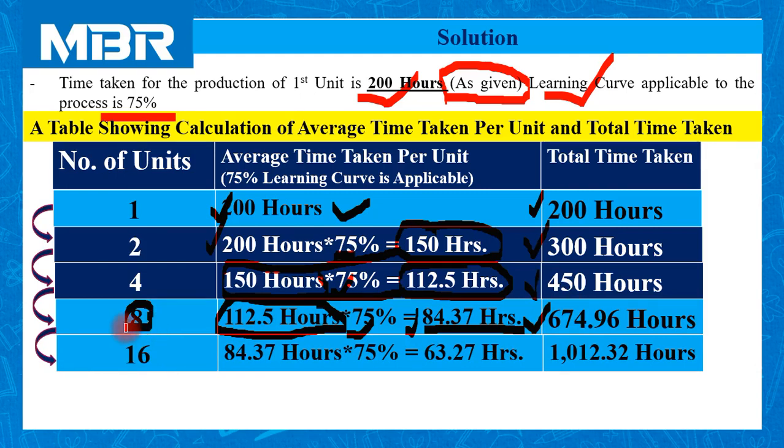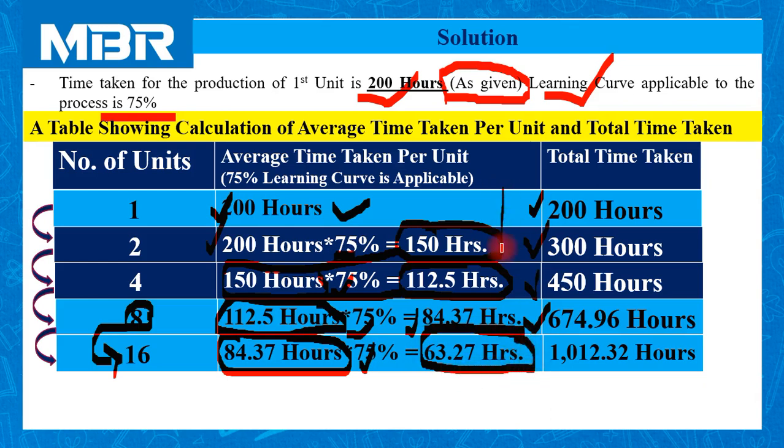Then double the production, 16 units, from 8 doubled to 16. Average time taken: 84.37 hours for the previous batch multiplied by learning curve applicable to this process, 75%. So 63.27 hours per unit.